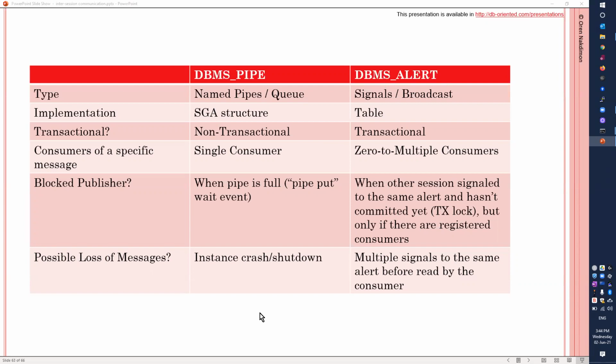If I am registered to an alert and multiple sessions send signals to this alert, I will see only the last one. If they sent it and then I called wait one, I will get only the last alert. So if we use DBMS_ALERT to send messages, some messages may be lost because I will see only the last one since the last time I consumed these alerts.